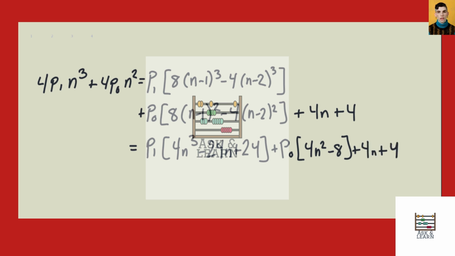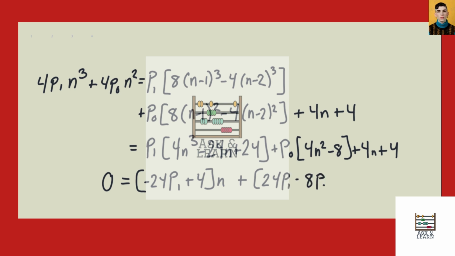Okay, and if we subtract what's on the left from what's on the right, we are left with 0 is equal to (negative 24 p1 plus 4) times n plus (24 p1 minus 8 p naught plus 4).